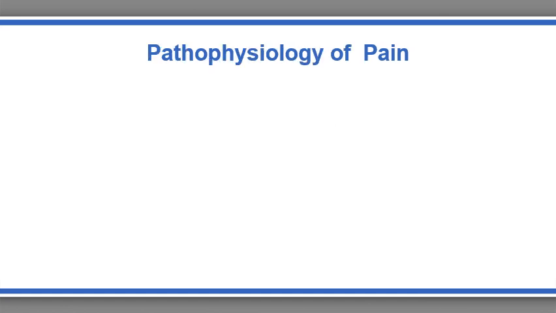That takes us to the pathophysiology of pain, and some of this was actually discussed in some of your other classes, such as therapeutic modalities, where we talk a lot about the pathophysiology of pain. So some of this should sound very familiar. It's basically a combination of systems involved in pain.